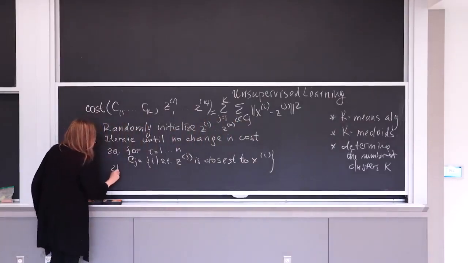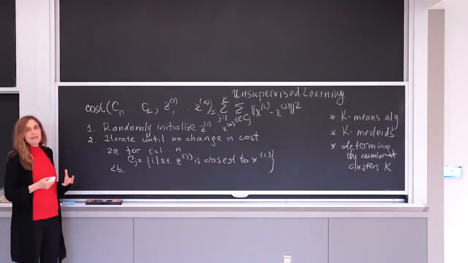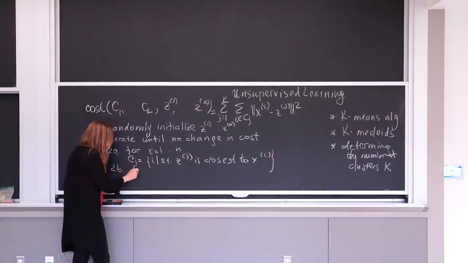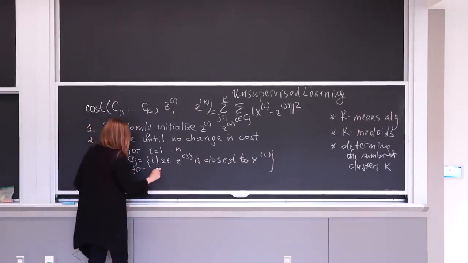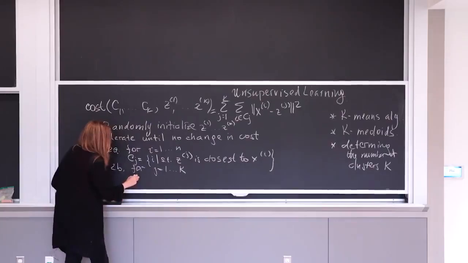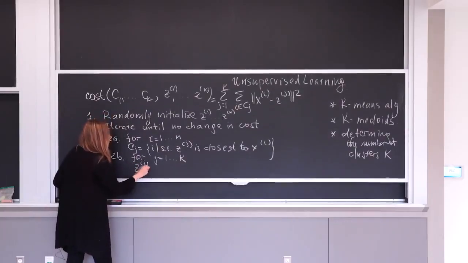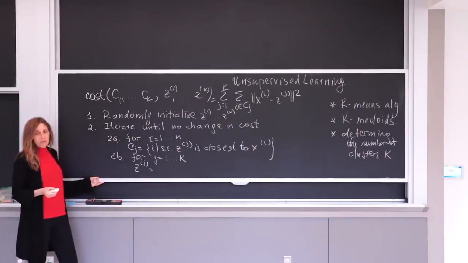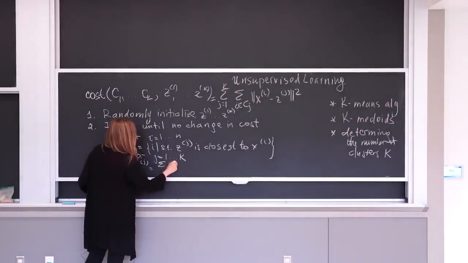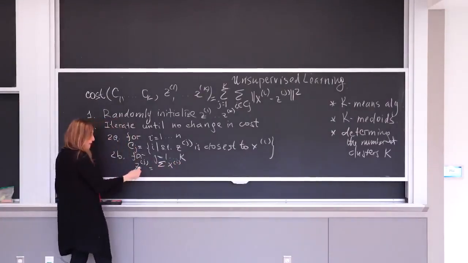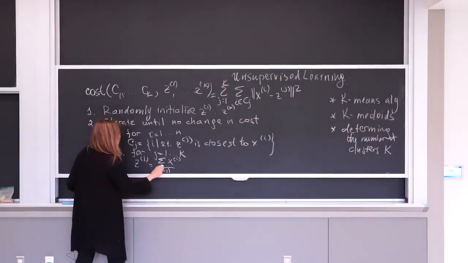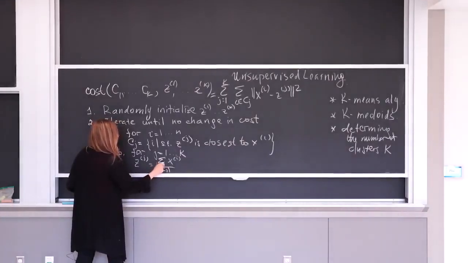The next step for us is to do reassignment of the reference points. We go for j from 1 to k, and we make Zj the centroid of the corresponding partitioning, which means we sum all the points of the partitioning and divide by the size of that partitioning, where i belongs to Cj.